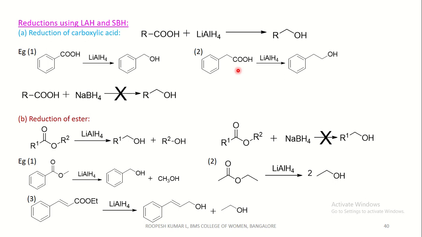Even phenyl acetic acid gets reduced to phenyl ethanol in the presence of LAH, whereas carboxylic acid can't be reduced to alcohol using sodium borohydride.